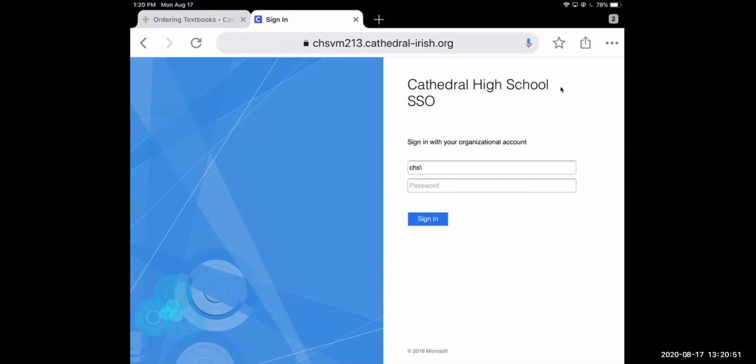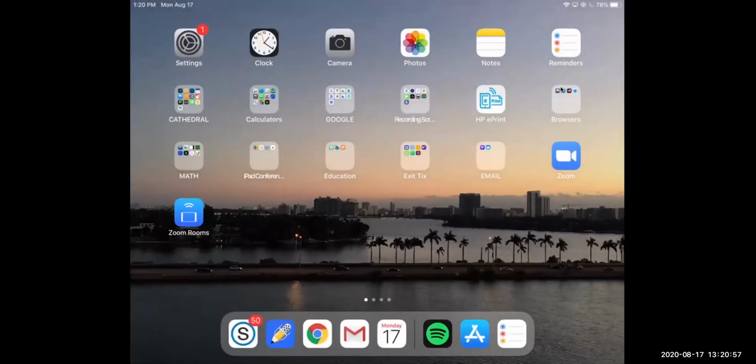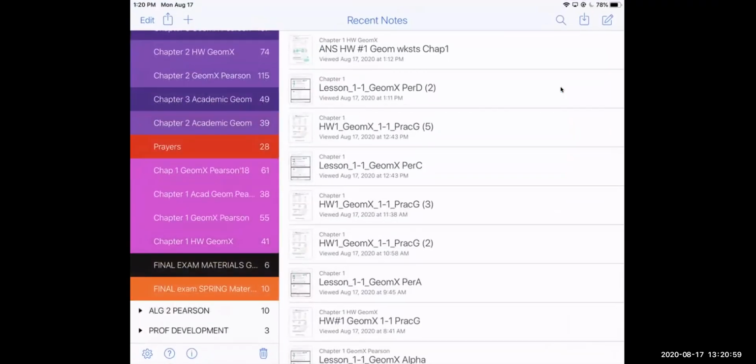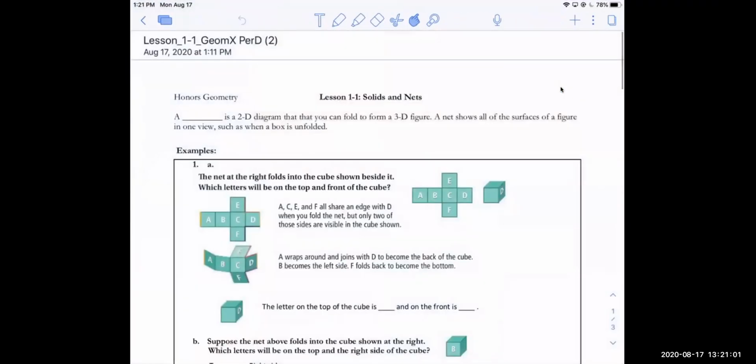All right, we're going to get going here on some notes. Let's go back to Notability and open the lesson 101 notes. This section is going to be a lot of rotating in your head and seeing 3D stuff, so that can be a little difficult for some of us.